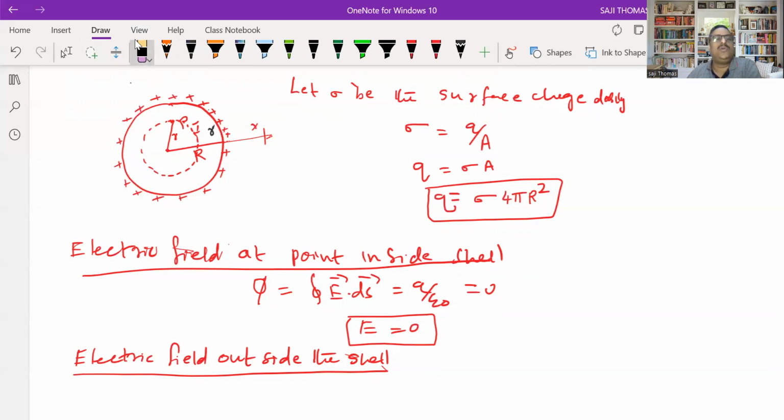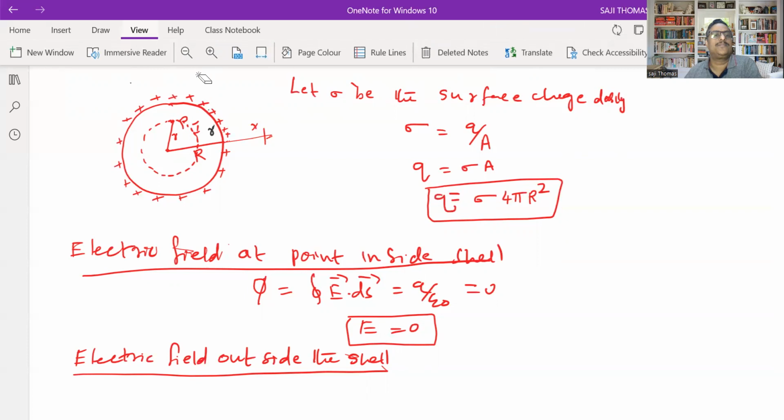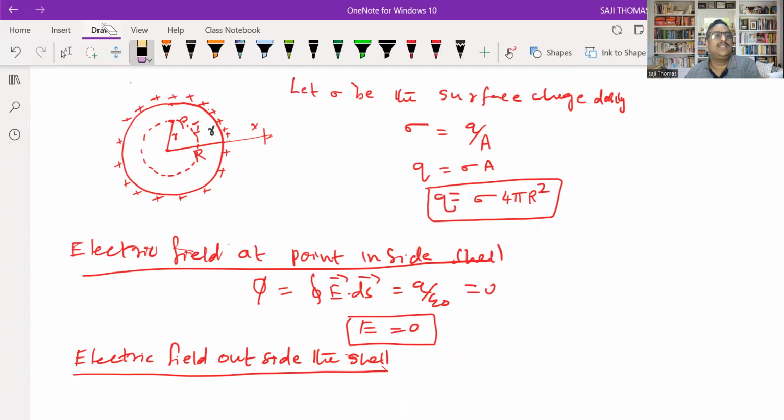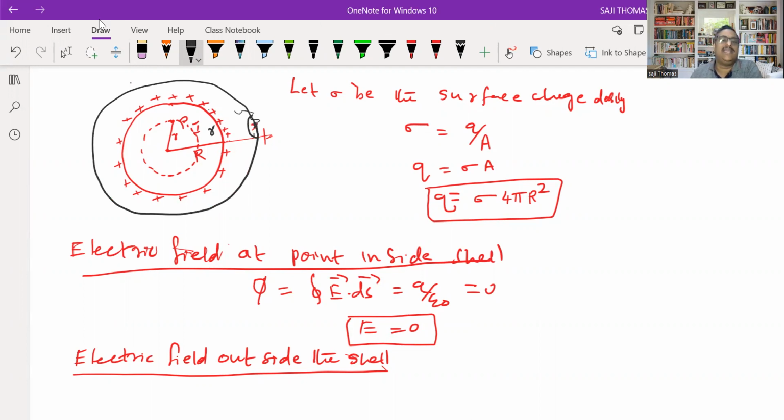Now you have to draw a Gaussian surface passing through that point. To apply Gauss's theorem, you need a closed surface. So you imagine a spherical surface passing through that point. Imagine a small area dA surrounding this point.